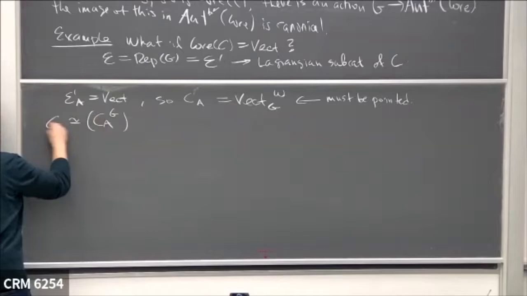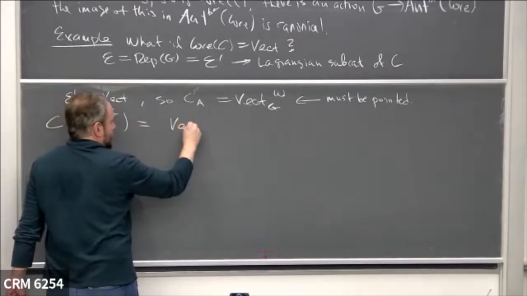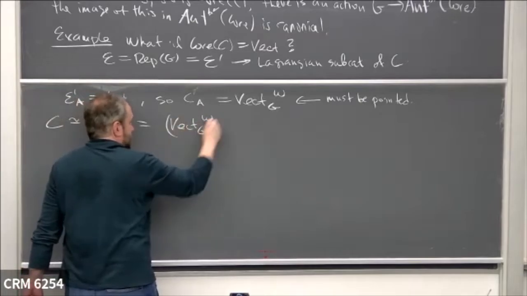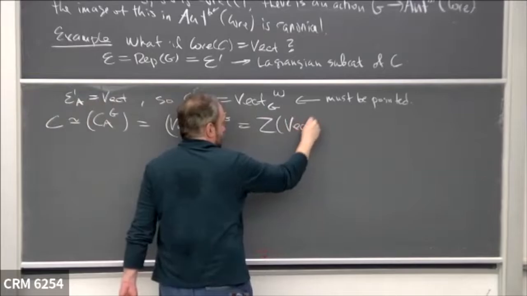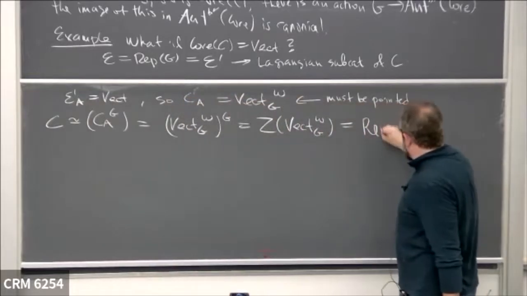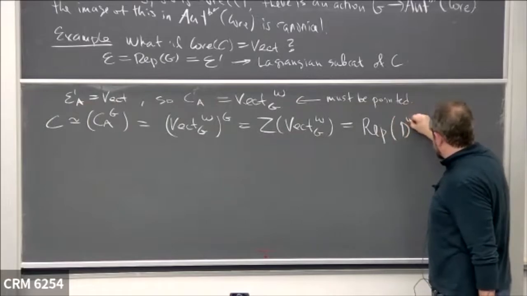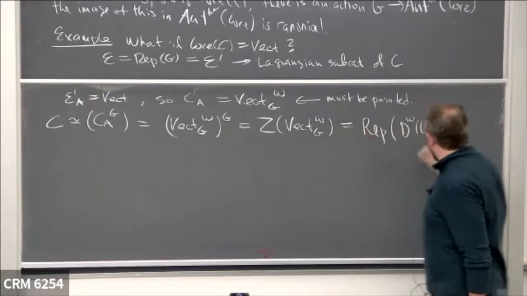is equivalent to C. But then we also know that the equivariantization of this, which was a question I answered yesterday, is precisely the center of this category, which is also known as the twisted Drinfeld double. These are just different names of the same thing.